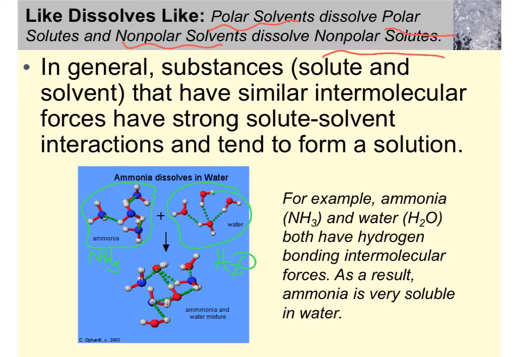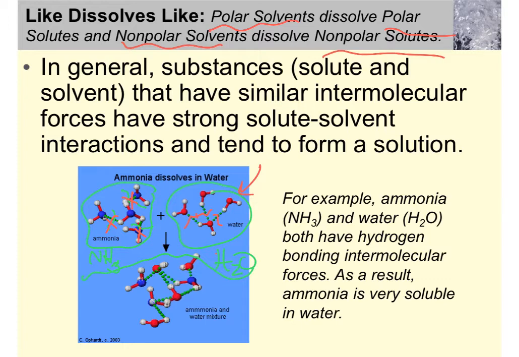But what happens when you dissolve anything in anything else is the attractions that exist from one molecule to another, like ammonia, have to be severed if it's going to dissolve, because it has to interact with the water. Same thing with the solvent. The intermolecular forces between water molecules have to be, to a large part, severed so that water can interact with ammonia.